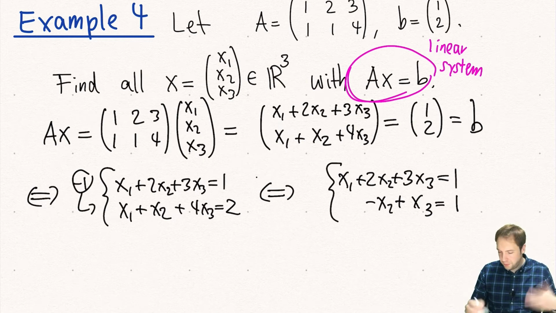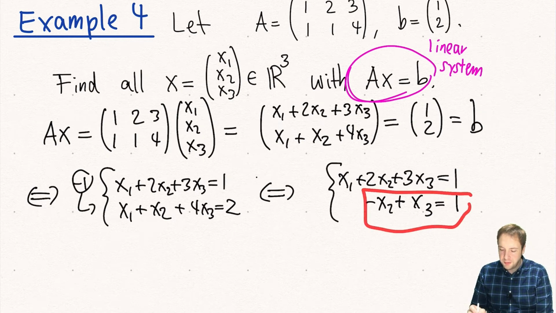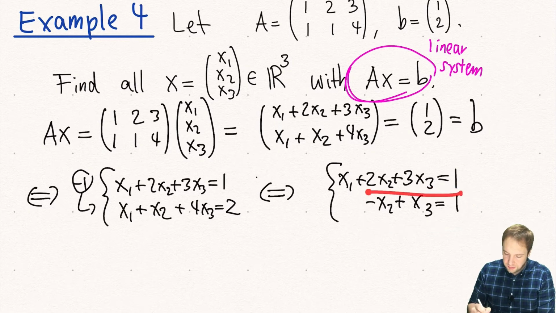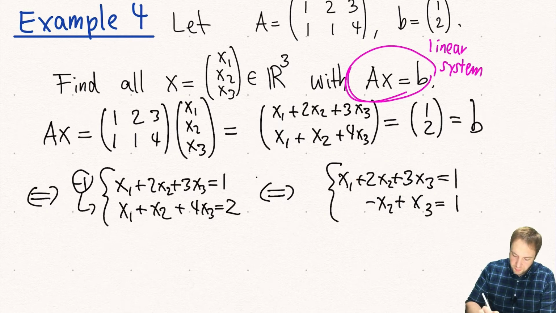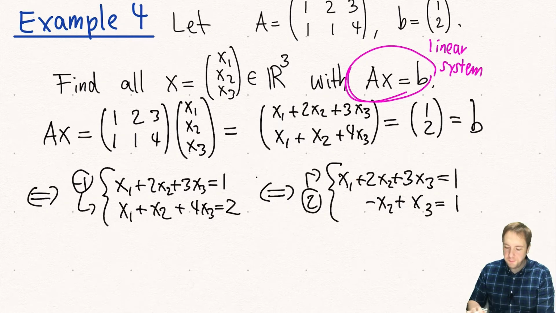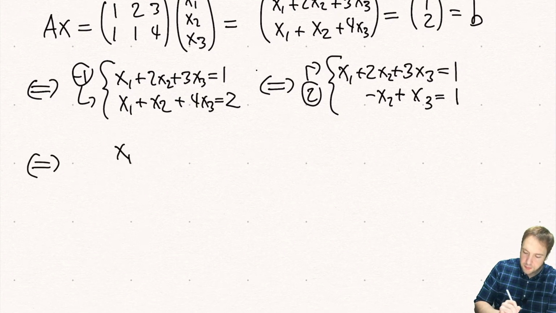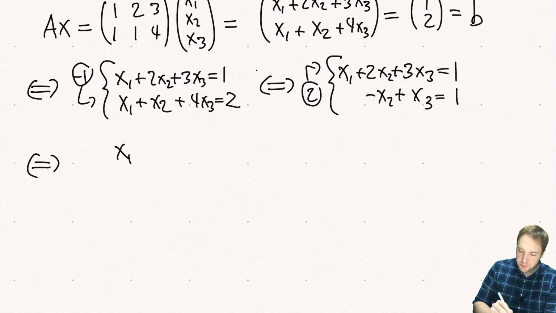And now we can do two things. Either we first multiply by -1, as in the algorithm we described last time, or here we can also first get rid of this x2. So we can take 2 times this and add it there. What we get is x1 and then no more x2.